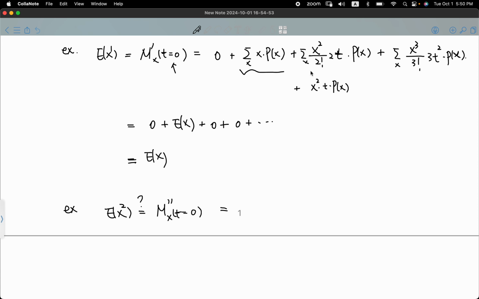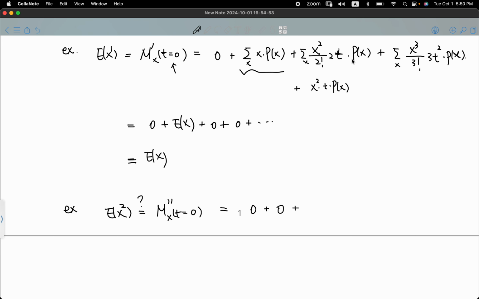Okay. So for the first term, which is a 0, it does not involve t, it will give you a 0. Now for the second term, when you take another derivative, what does this term end up as? There's no t here, right? So you take a derivative with respect to t, it will give you another 0.